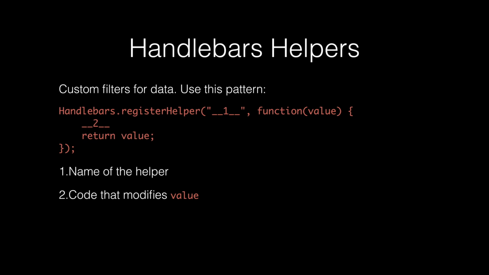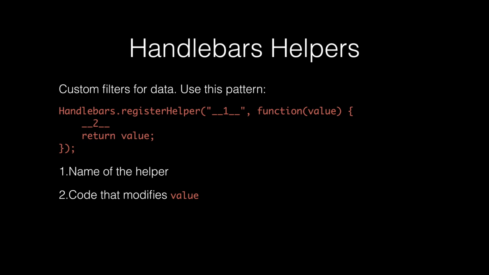We're going to call Handlebars.registerHelper, and this is going to take a name for the helper, then an anonymous function that we pass a value into. In placeholder 2, we're going to do some code that modifies or formats value, and then we return the modified version of value.